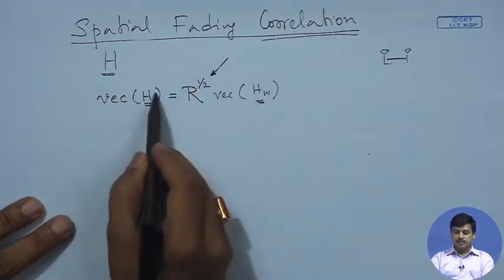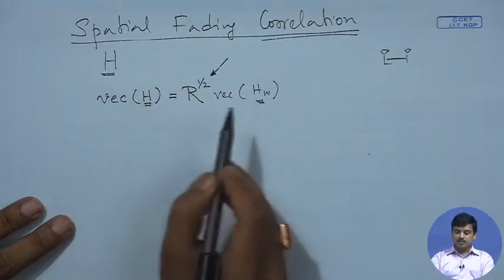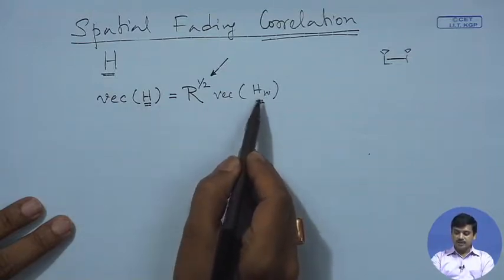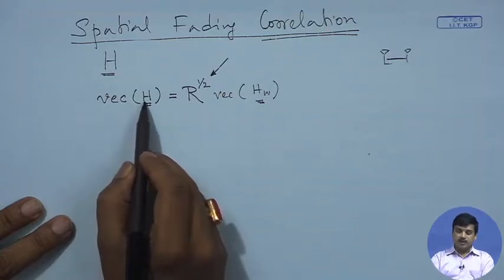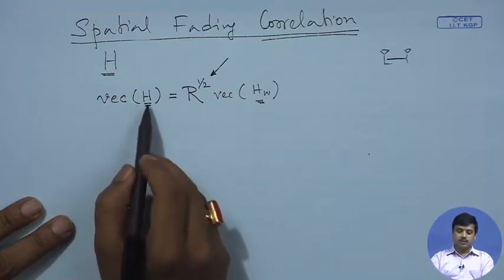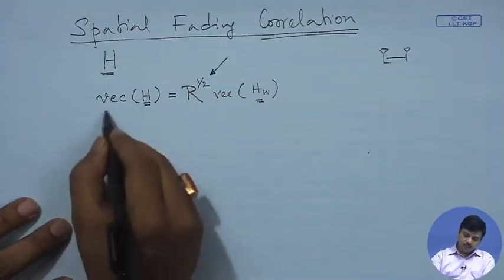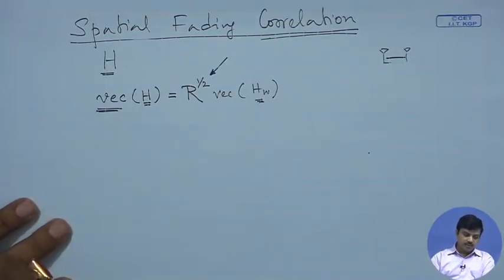I would generate a channel matrix which would be correlated. So, H_w is a spatially white channel. Using the covariance matrix, I could generate spatially correlated channel coefficients, which will be useful in performance analysis.